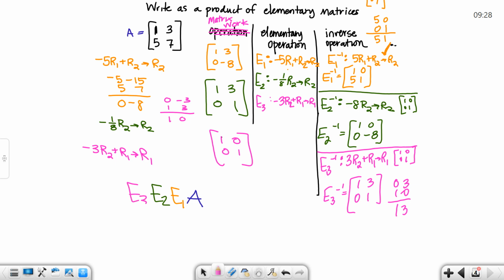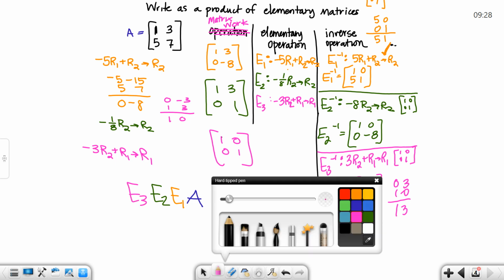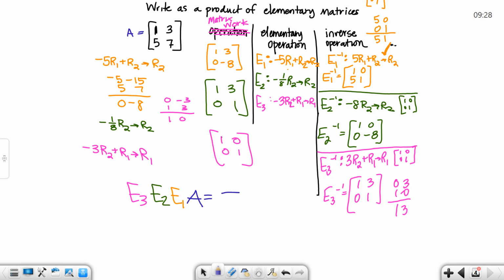And then we did the pink step. And when we did that, that gave us I. So we did the first elementary operation, negative 5 row 1 plus row 2. And then we did the second elementary operation, negative 1/8 row 2. And then we did the third. And that's what we did.